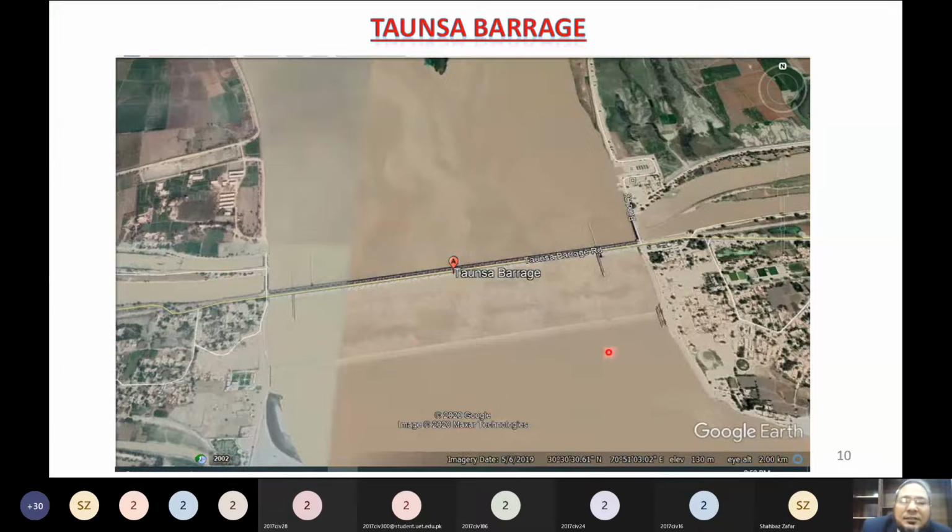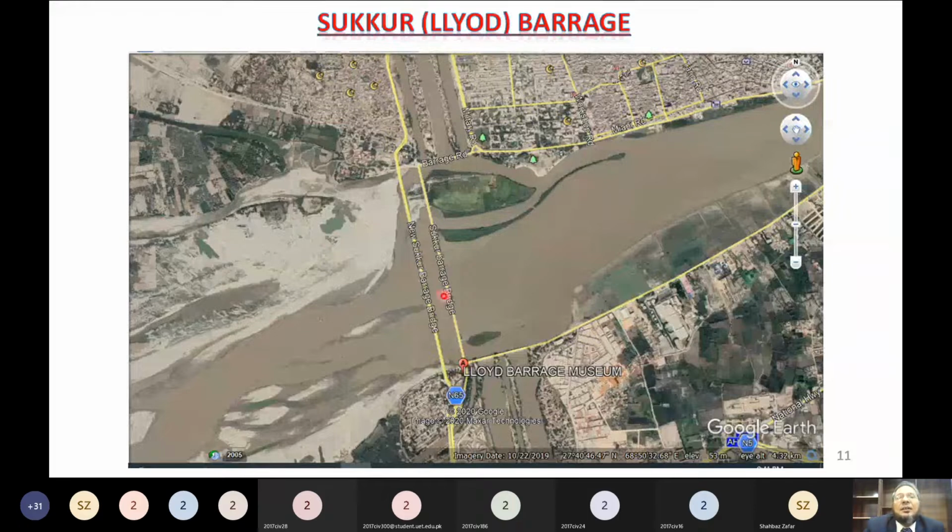And here you can observe these two lines. What do they show? These are the fish ladders.